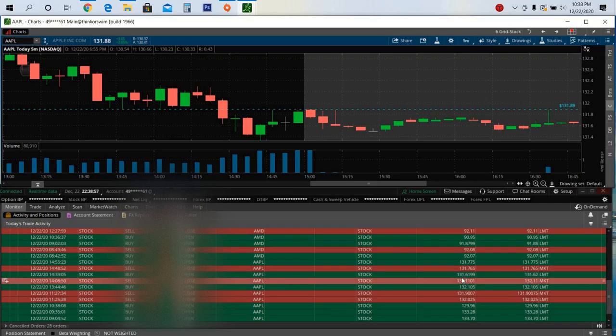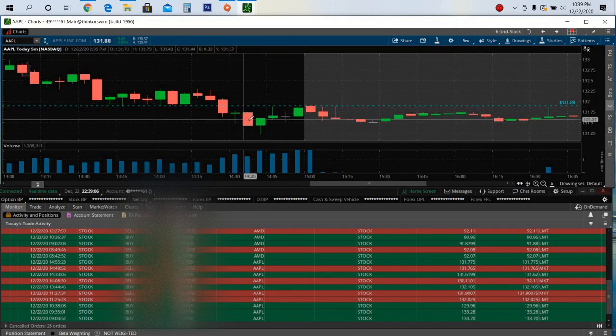And down the next one I added at 2:33 as I saw this. I think I added on this candle, 131.61. So that was around here and went up.